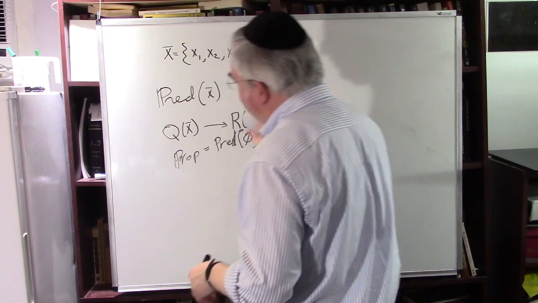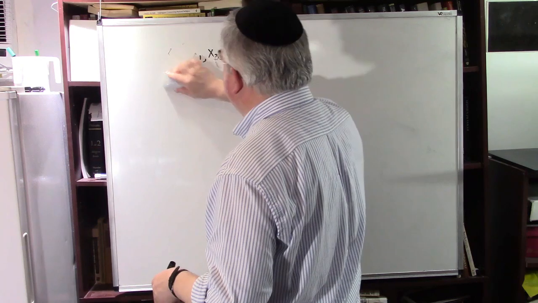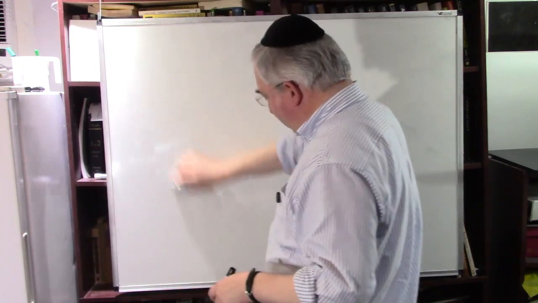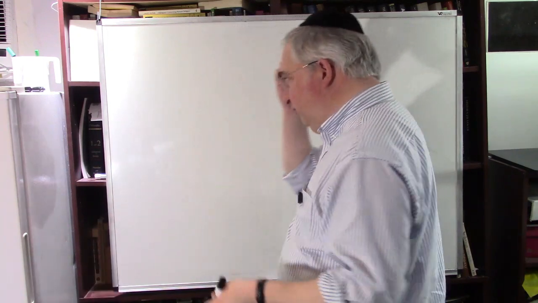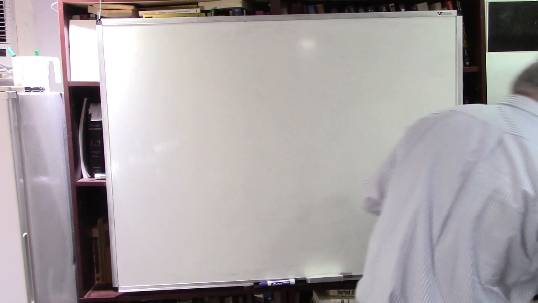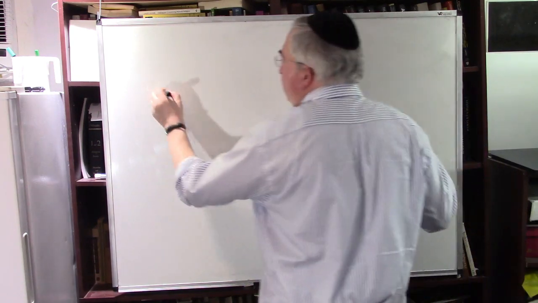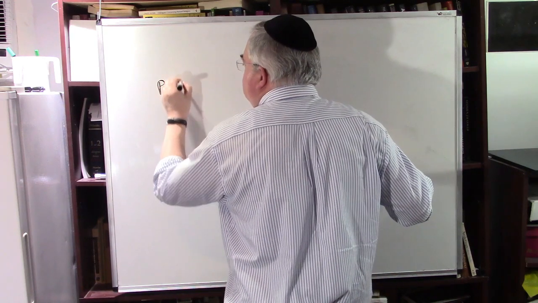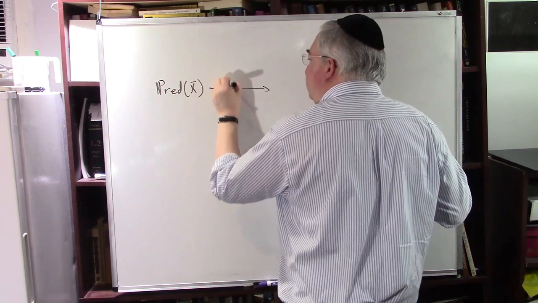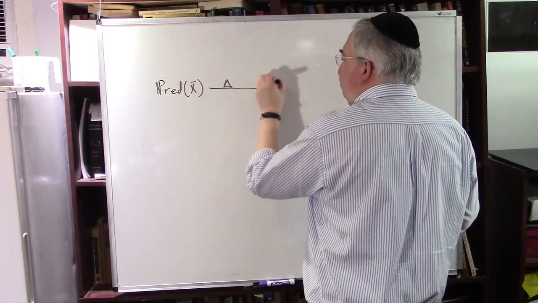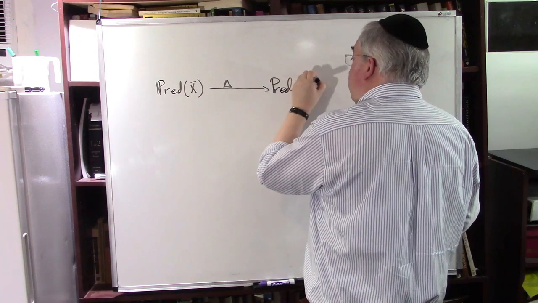Very nice. This is a category of predicates. It's, again, a pre-order category. It's very nice. It's very useful, and we get over all the same things that we had before. So let's go through it. Pred of X bar goes through a diagonal to pred of X bar squared.